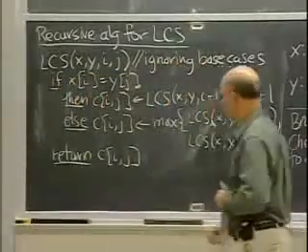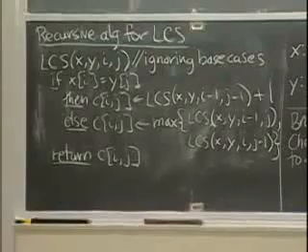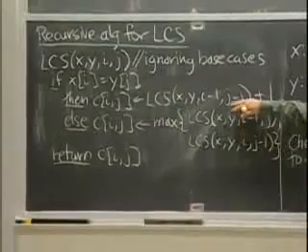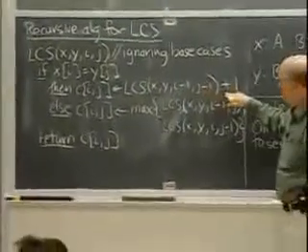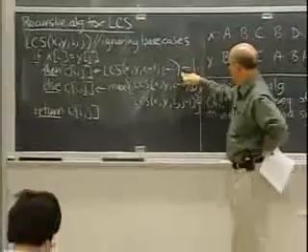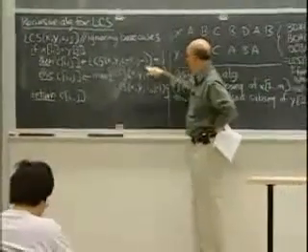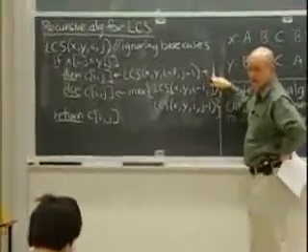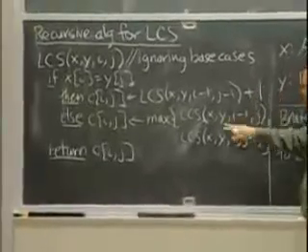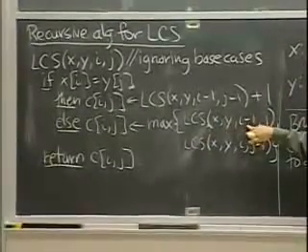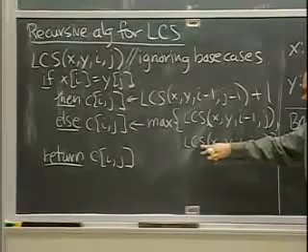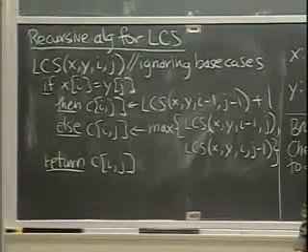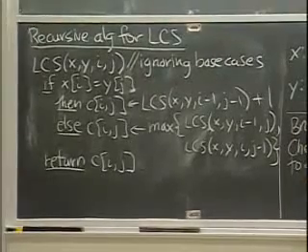It's basically just implementing this theorem. If they match, it's the longest common subsequence of the prefixes where you drop that character from both strings, and add 1, because that's the matching one. Or you drop a character from X and take the longest common subsequence of that, or you drop a character from Y, whichever one of those is longer. That ends up being the longest common subsequence.